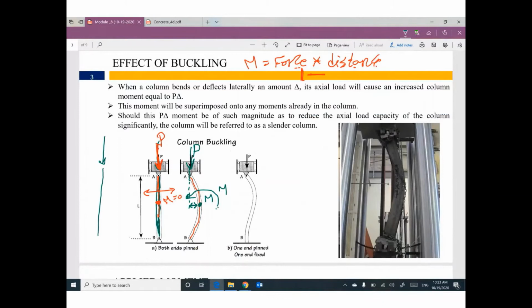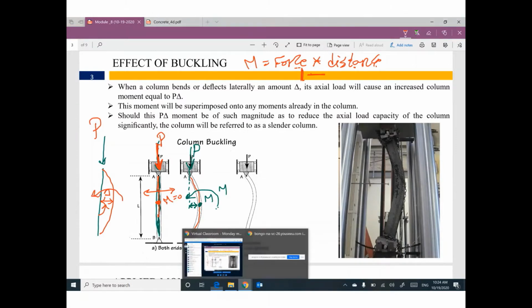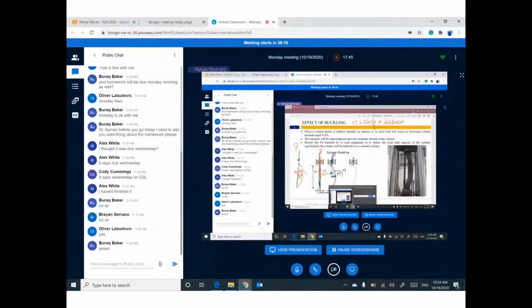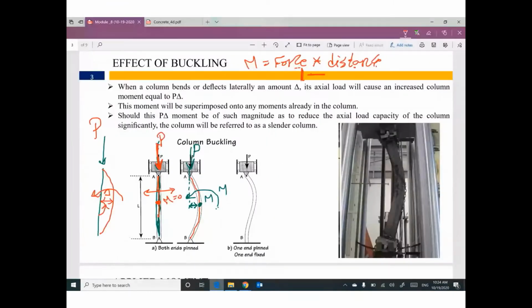But after buckling occurs, we have a value of moment due to this lateral distance. So if you apply this force by this lateral distance, you have a moment. Any comment? That makes sense. So a buckling long column is weaker than a short column.